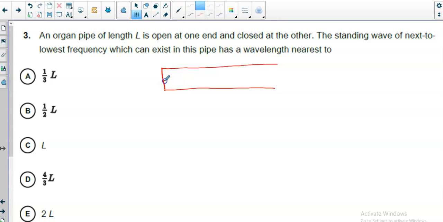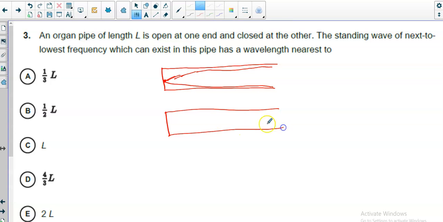If that's the case, then the biggest wavelength you can have would have a quarter of a wave as the length of the pipe. But the next to lowest, for the same pipe, is going to be a half a wavelength and then a quarter. And don't worry if they're not to scale, you get the idea.